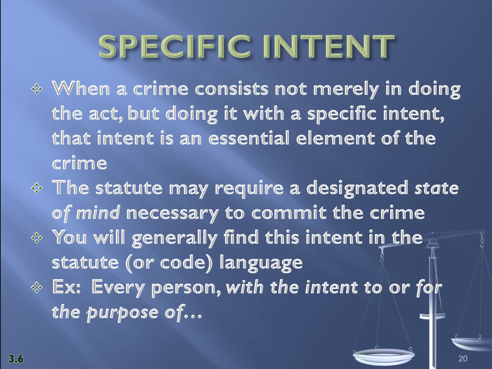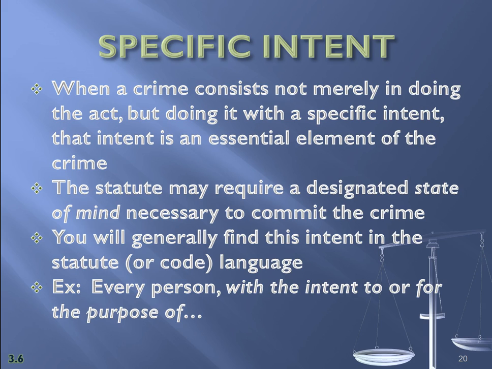So when a crime consists of not merely doing the act, but doing it with a specific intent, that intent is an essential element or piece of the crime. And again, that statute may require a designated state of mind necessary to commit the crime.